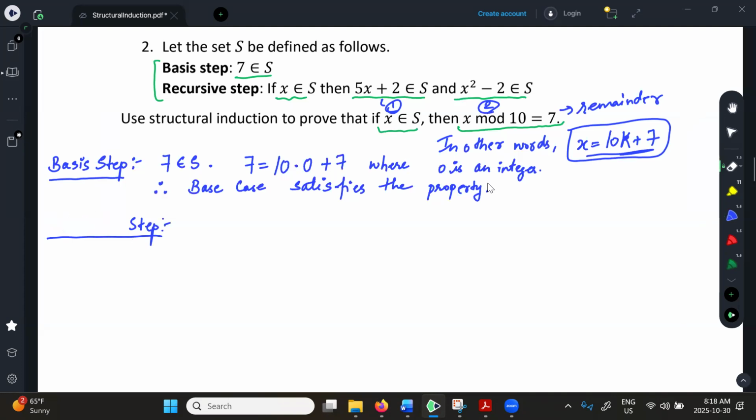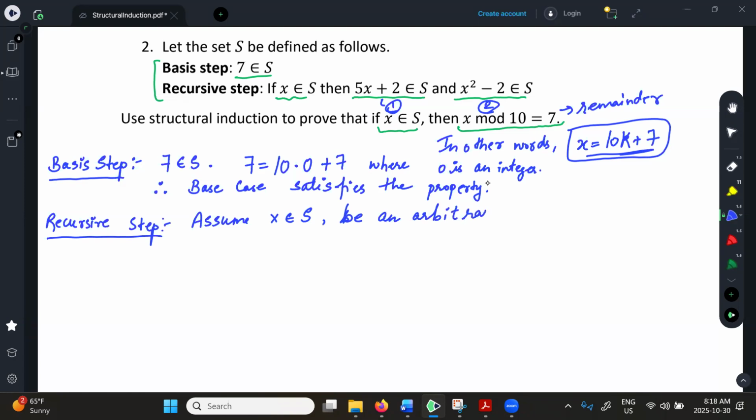This is not called the inductive step. That's for induction. This is called the recursive step because it's structural induction. Remember this: if I'm giving you the recursive definition, that's the recursive step. Okay, assume an arbitrary element. You're right, Carter. Assume x belongs to S be an arbitrary element. We have to use all the buzzwords.